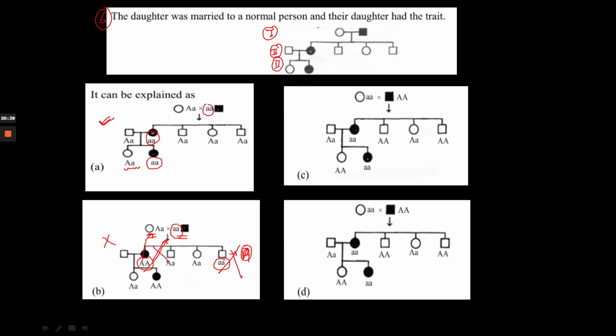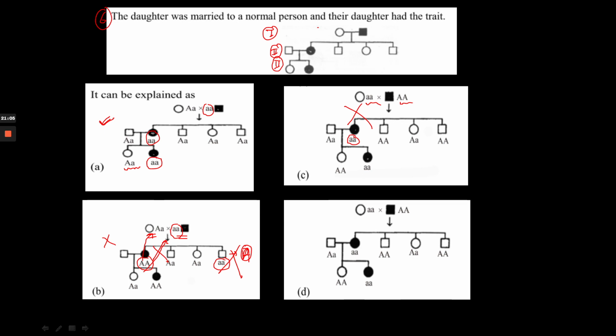Then C. In option C we have a homozygous recessive condition here, and a homozygous dominant condition here, and it is showing the disease. In the second generation, we can see that this particular girl child has the homozygous recessive condition, but she is shown as diseased, which is not possible. So again, a wrong one, right?